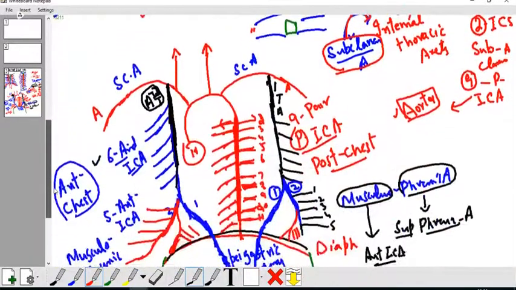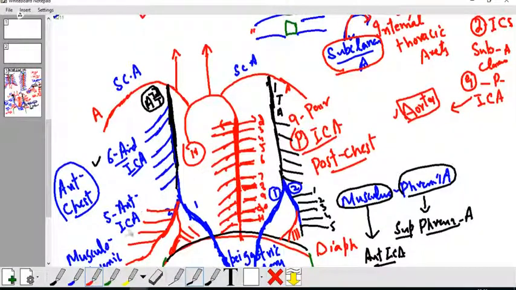For the first two posterior intercostal spaces, the subclavian artery gives one branch, the costocervical trunk. The costocervical trunk gives 2 posterior intercostal arteries, number 1 posterior intercostal and number 2 posterior intercostal.